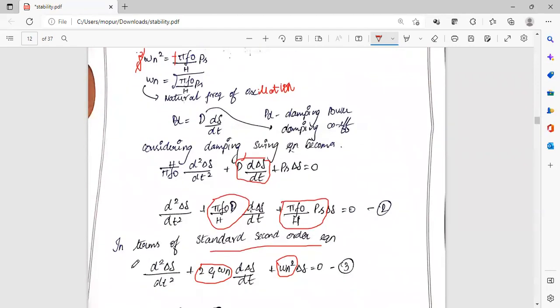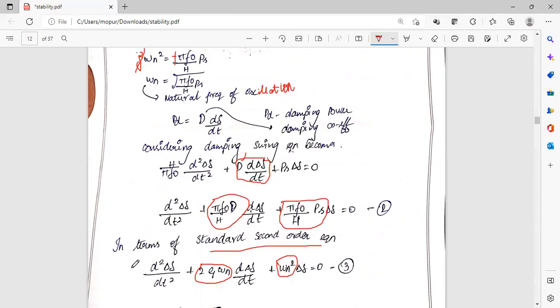Now in this equation, I am taking H by pi f naught common and sending it to the other side. d square delta del by dt square plus pi f naught D by H d delta del by dt plus pi f naught by H Ps delta del is equal to 0.